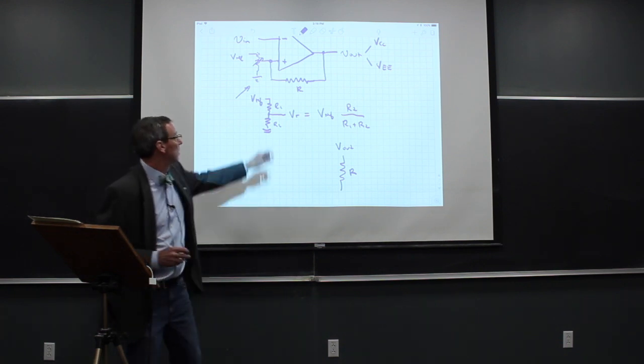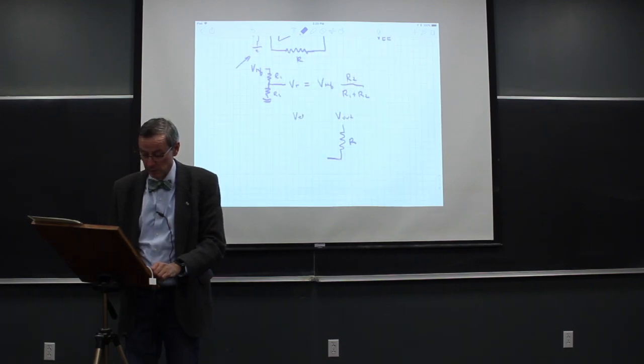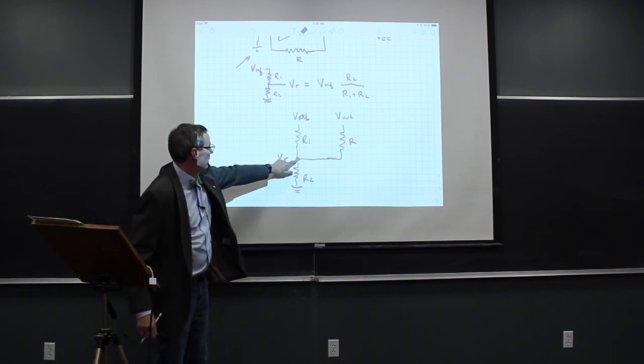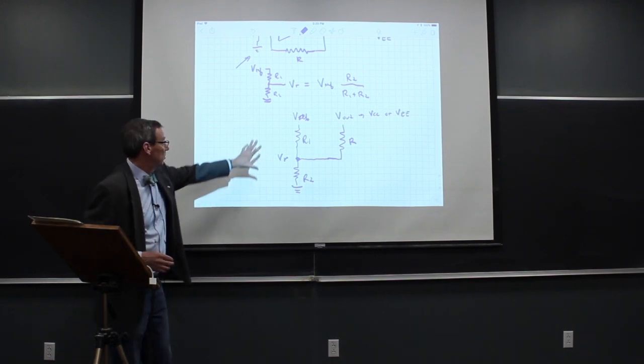There's a resistor here coming down, RF, and that resistor goes across, and we have Vref, we have R1, R2, and this point here is our VR. We're interested in what VR is for the two possible values, VCC or VEE. So we need to solve this circuit here.